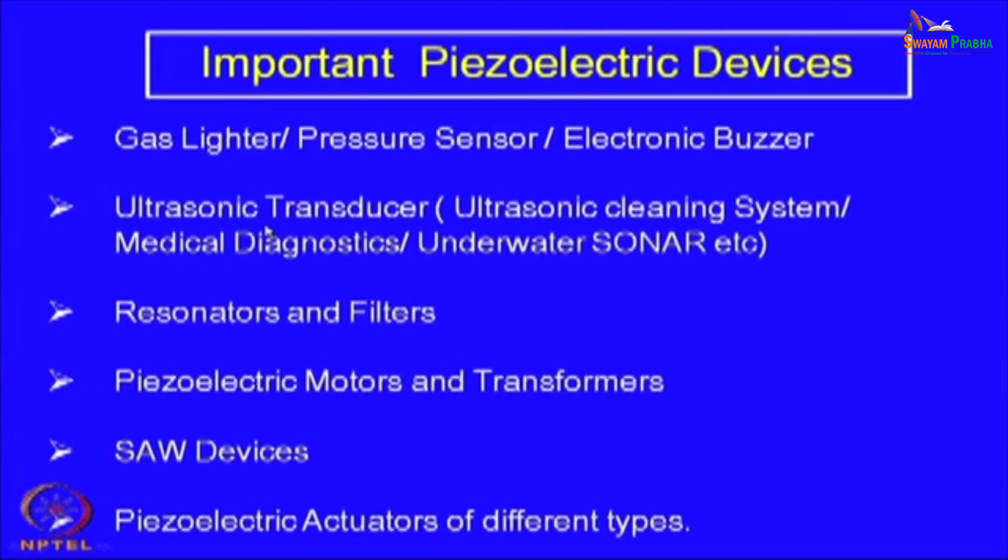Okay. Another very important area which has not been listed here, but once again ultrasonic transducers are very important for, is flaw detection. Okay. Flaw detection in metallic systems or even any other material systems.